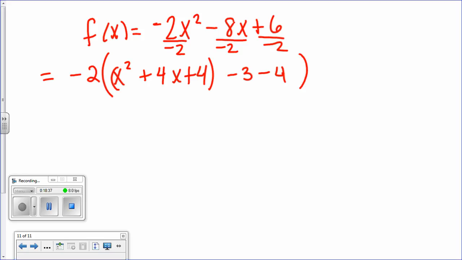So I have a negative 2. This is going to be x plus 2 squared minus 7.